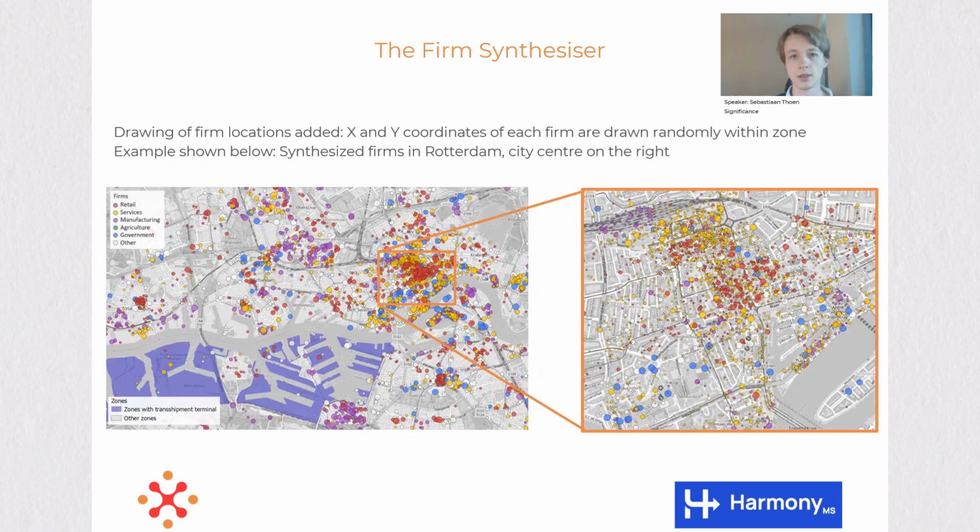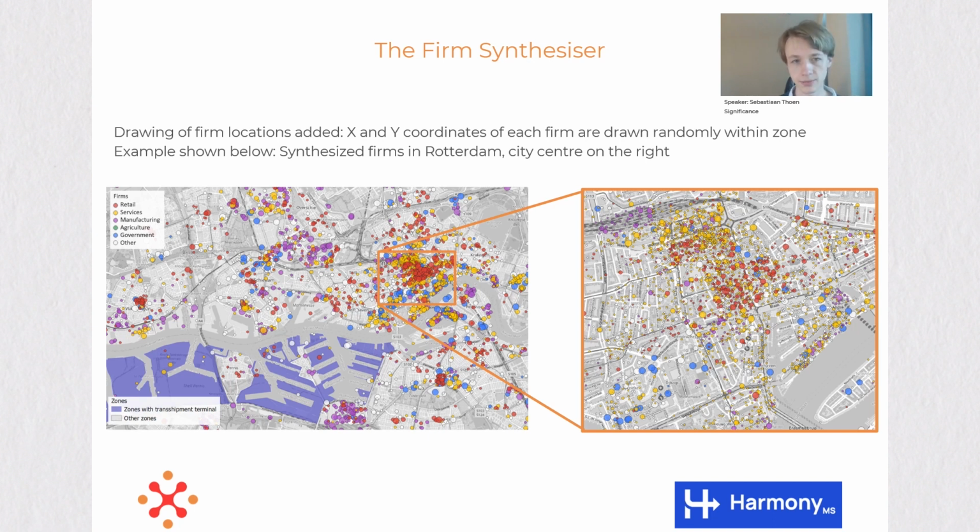In this figure, you see the outputs of one run with the firm synthesizer. So every dot on the map here is a firm that is created and placed somewhere in the Rotterdam area of the Netherlands.